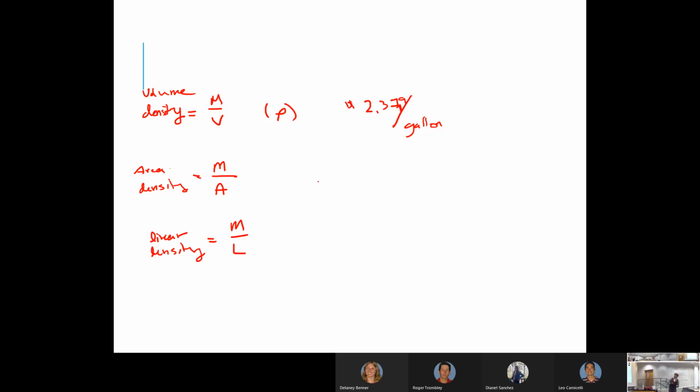The analogy I draw with that is, can you think of an area density when you're talking about money? Cost per unit area. You think of something where the more area you buy, the more expensive it is. Carpet, right? Flooring.